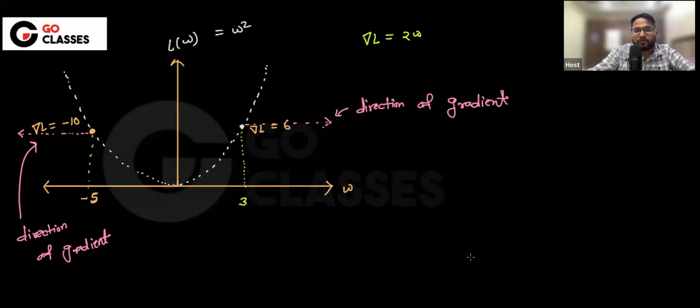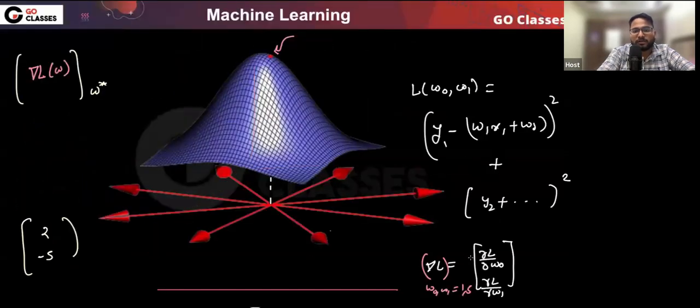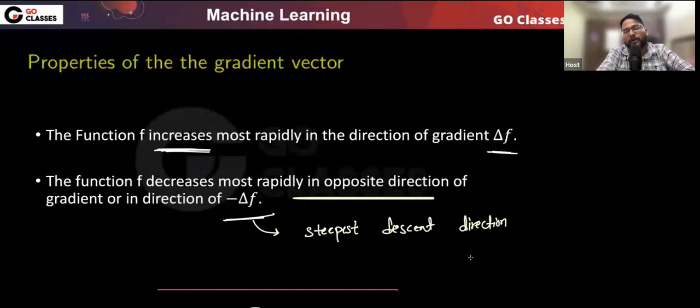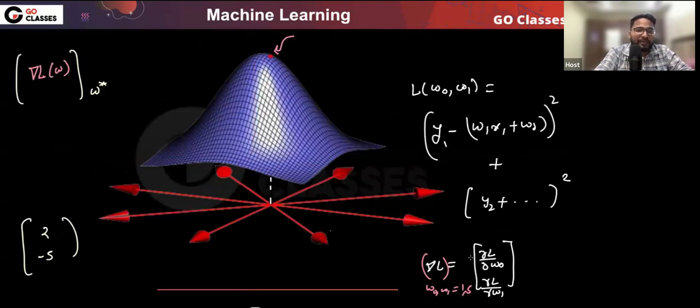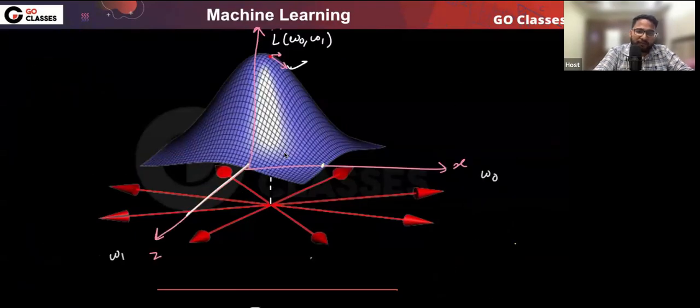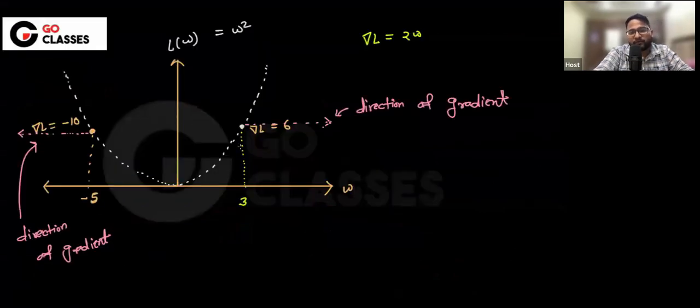Now let's move to the property that if you go in the direction of the gradient, it will be increasing, and if you go in the opposite direction of the gradient, it will be decreasing. For any multivariate function, given this particular point, let's first talk about this.